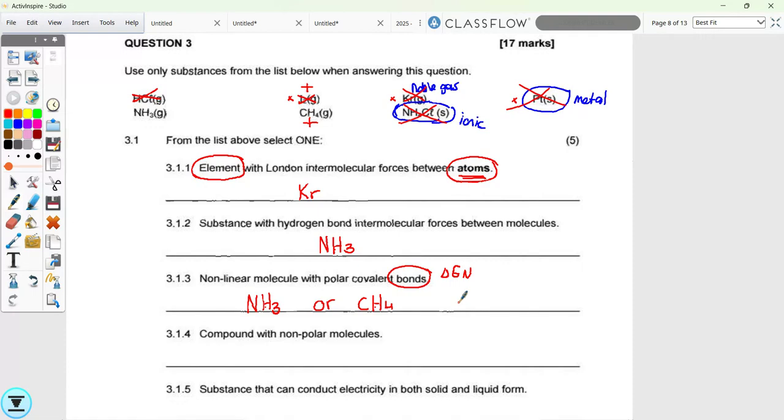Do you say CH4 because you already said NH3? They said select one, so it could have been either one, it doesn't matter. But they didn't say that you're only allowed to use them once. You can use them more than once. So we marked both, right.